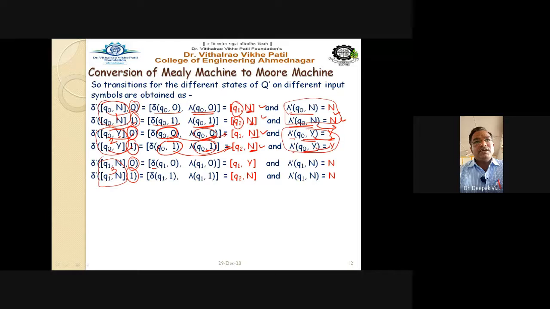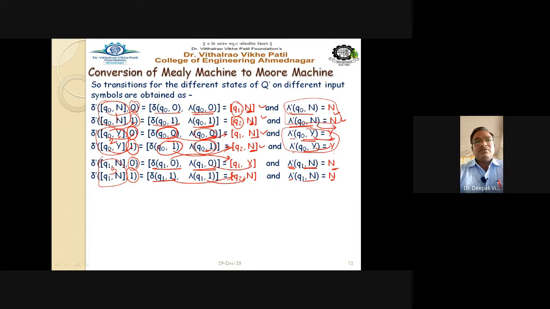So I can have delta Q1 0, delta Q1 1. So delta Q1 0 is nothing but Q1, delta Q1 1 is nothing but Q2, and lambda Q1 0 is the value Y, and lambda Q1 1 is value N. Getting this point? And finally, the lambda dash of Q1N is equal to N, capital N itself, right?